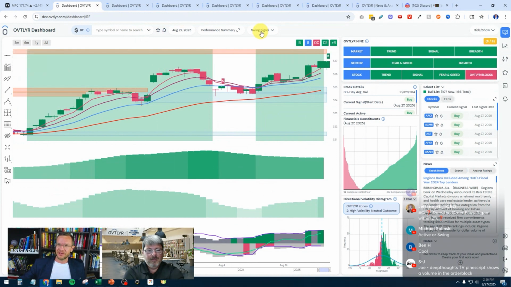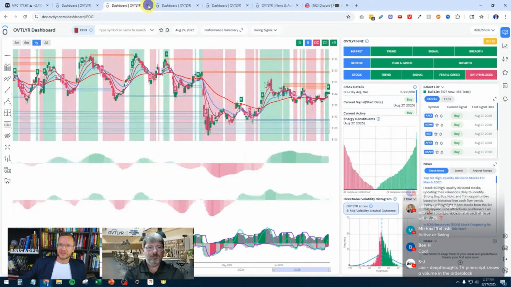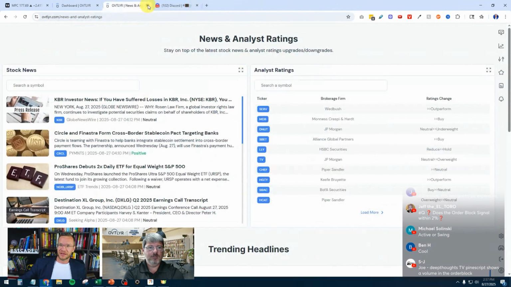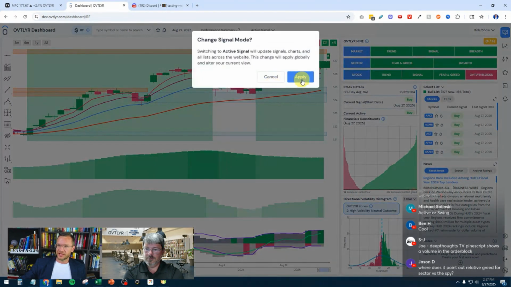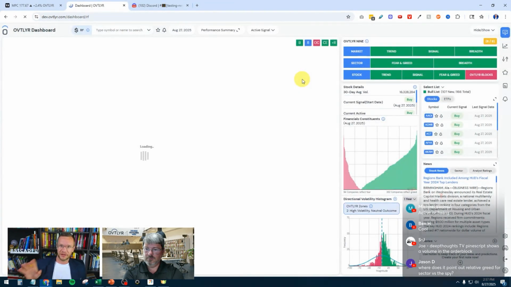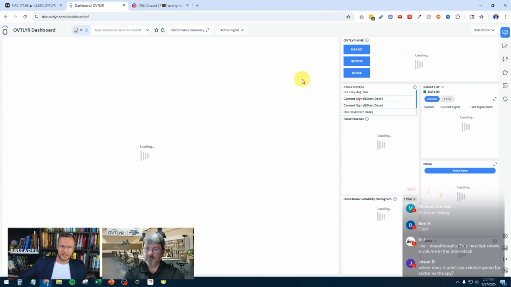And these are all on the swing signals. Okay, cool. Let's redo this versus the active signals. I'm glad somebody asked that in the chat. So I'm going to change to active, and when I change to active, that's going to apply to everything, including the screener, from what I understand.